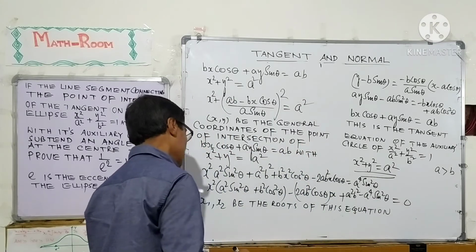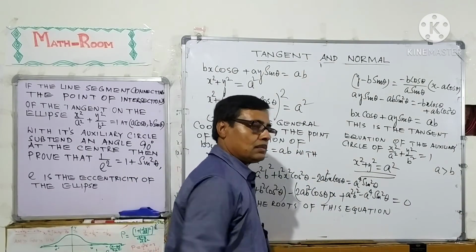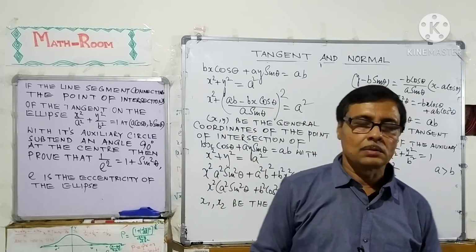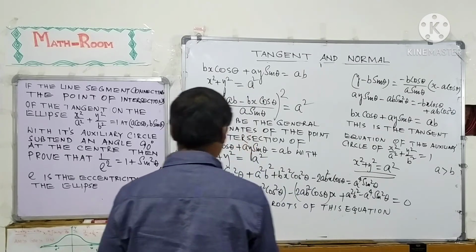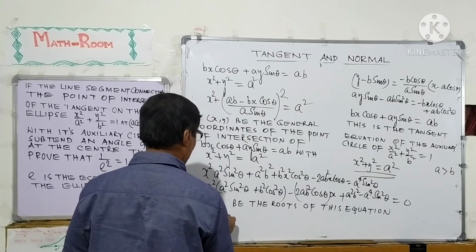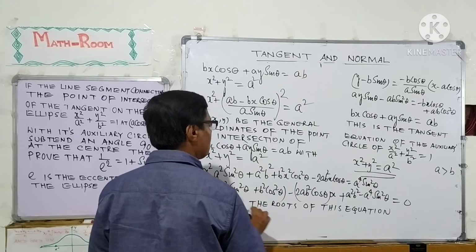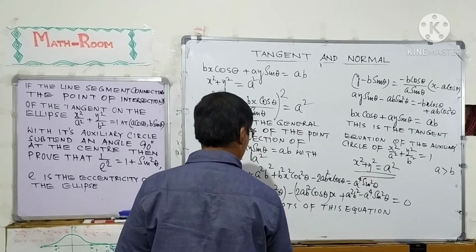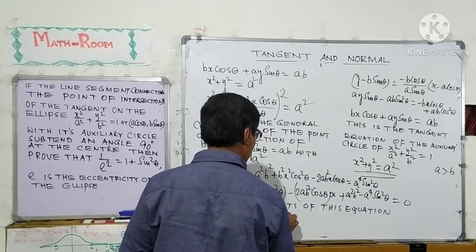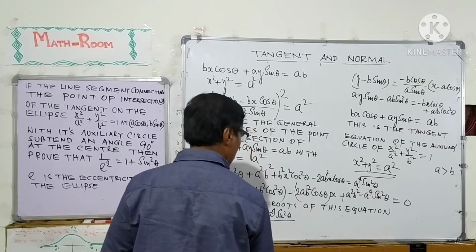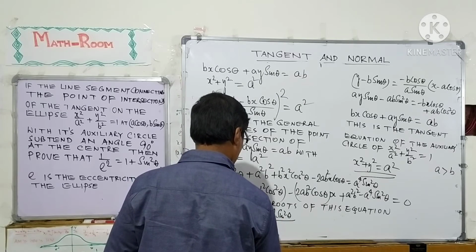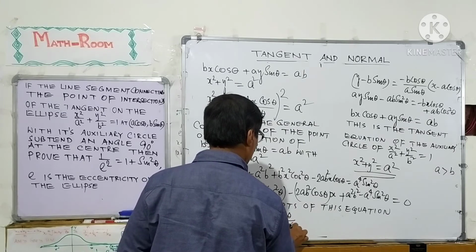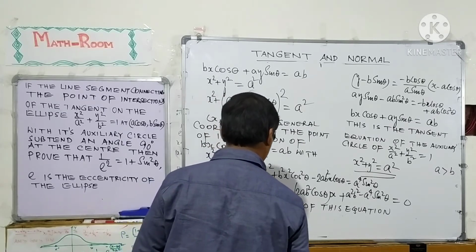So, from the relation between the roots and the coefficients of this equation, we can write the product of the roots x1 x2 equal to (a square b square minus a to the power 4 sin square theta) over (a square sin square theta plus b square cos square theta).